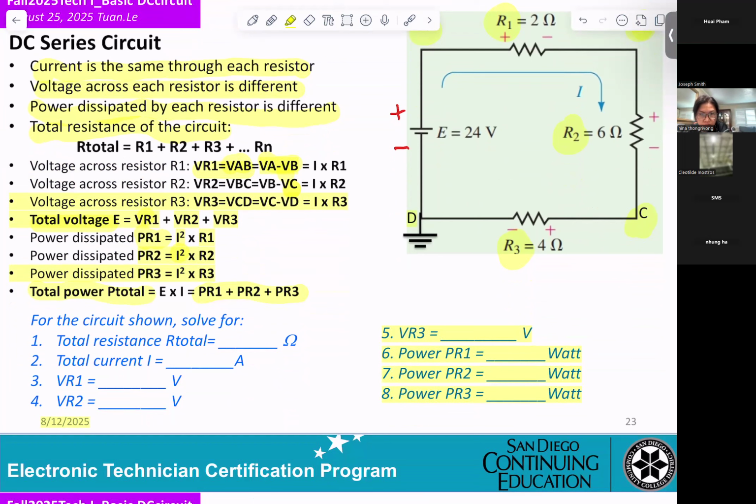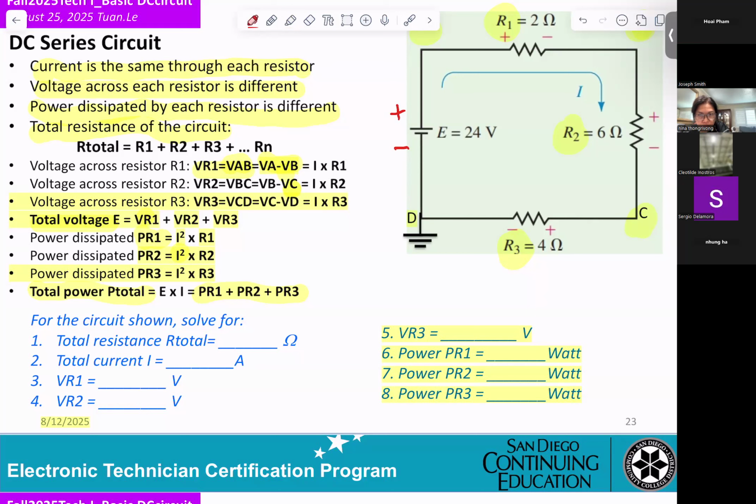So now they ask, for this circuit, the total resistance. Okay, what do you think you get? Six.